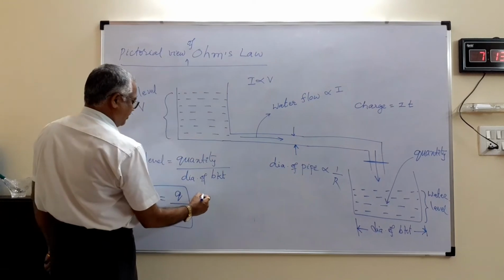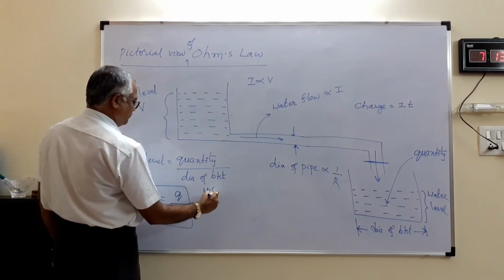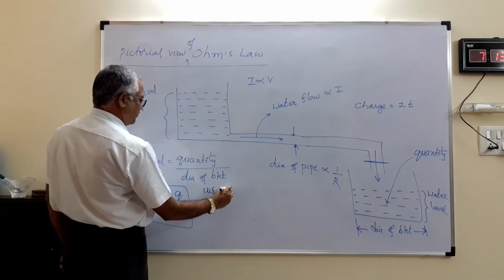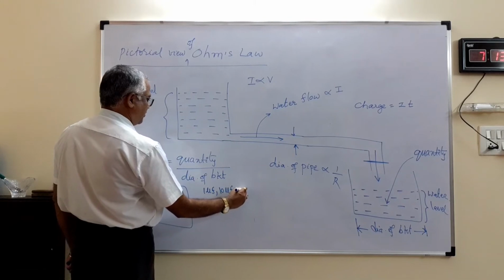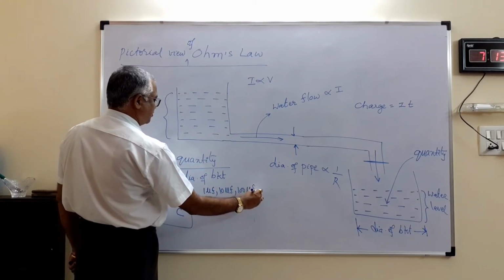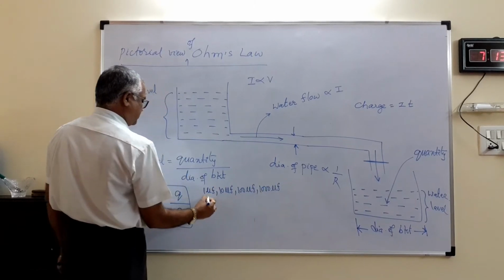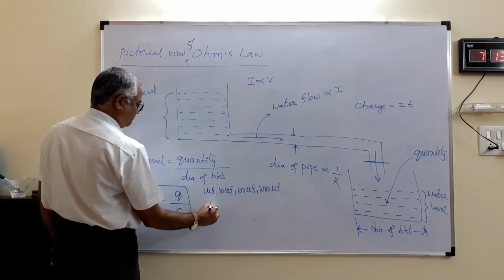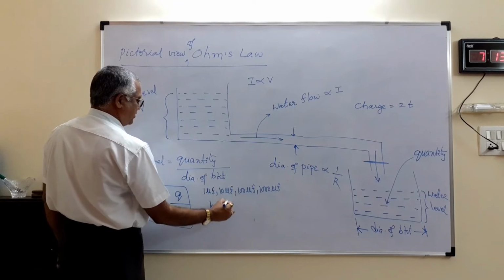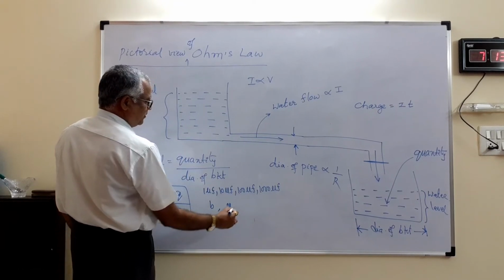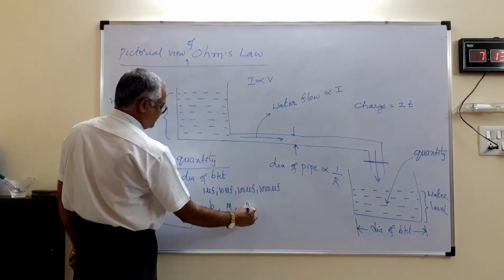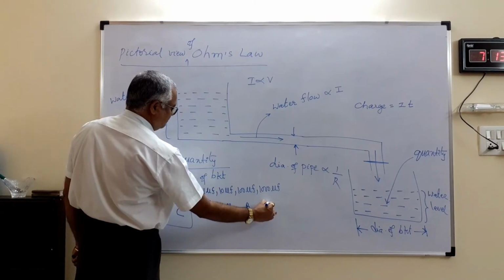For example, when I say 1 microfarad, 10 microfarads, 100 microfarads, 1000 microfarads. This is like a cool drink bottle. This is like a mug. This is like a bucket. This is like a drum.